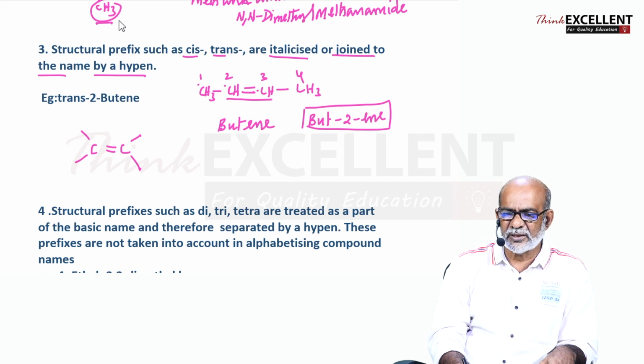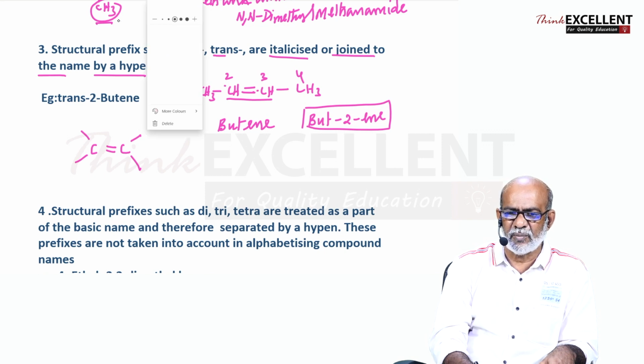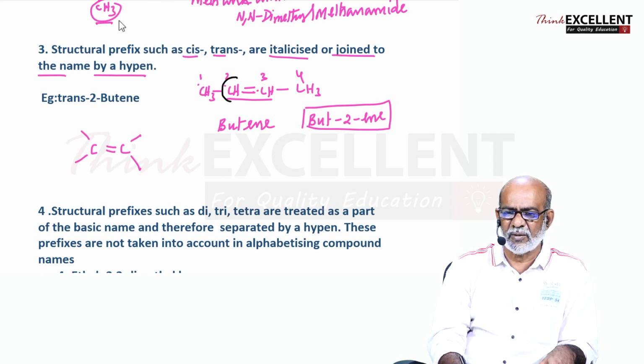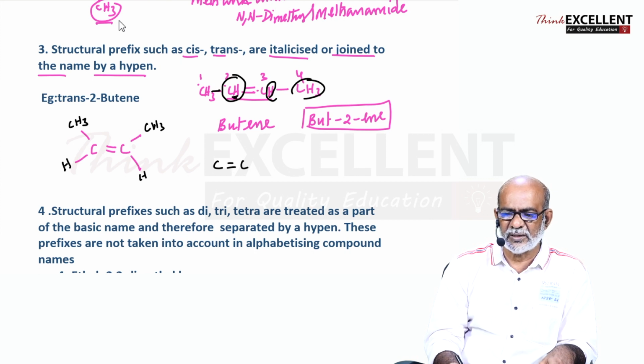On the second carbon, one bond contains CH3 and the other bond contains hydrogen. Here also, one bond contains hydrogen and the other bond contains CH3. Once I write this, the C double bond C needs 4 bonds.